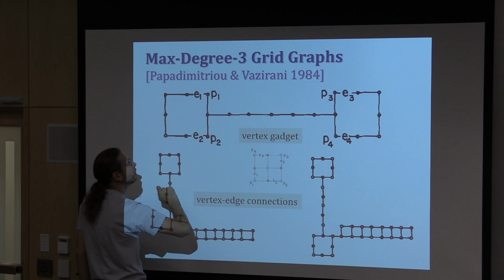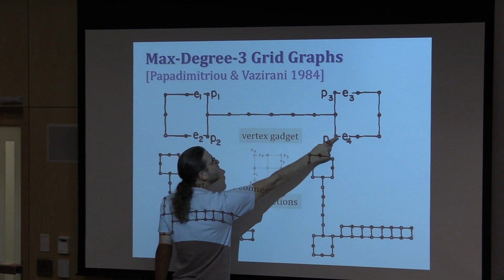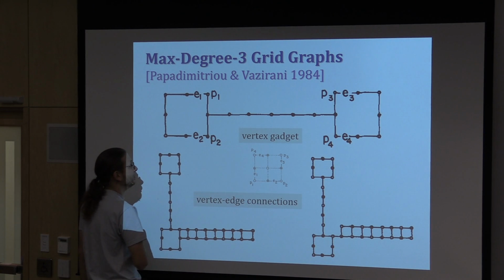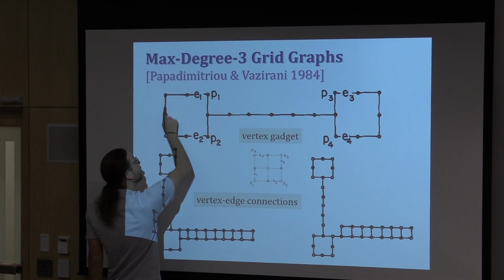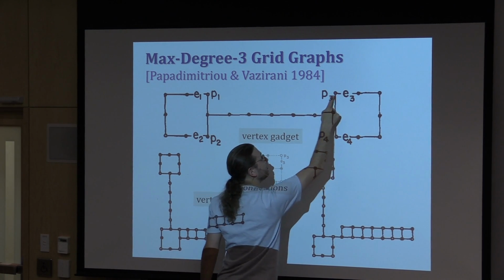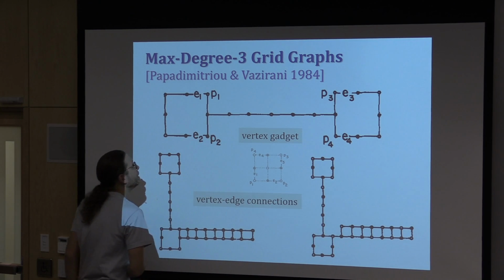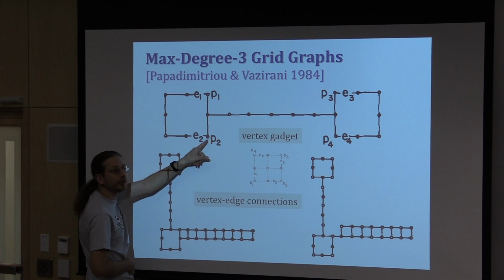And again, we have this feature that if we start at any of the P_i's, we can get to one of the P_j's by visiting all the E_i edges. So for example, if we start here, we go like this over here, and we have a choice. We can either go like this and end at P3, or go like this and end at P4. We visited all the E_i's. But we can't start at P1 and end at P2 if we want to visit everything, right?